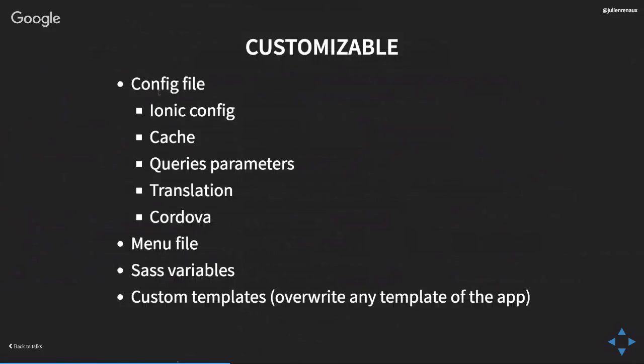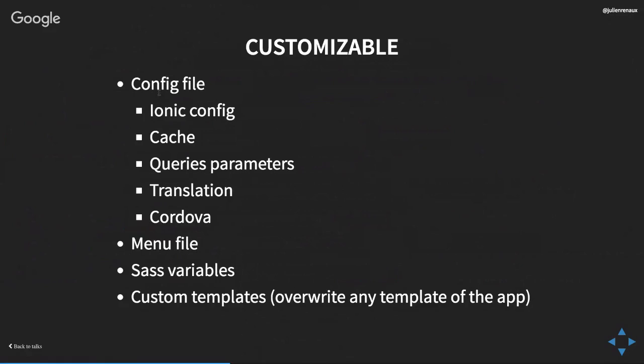It's highly customizable, so you have access to a configuration file where you can change any of the Ionic configuration through a JSON file. You can change all the cache config, all the query parameters.